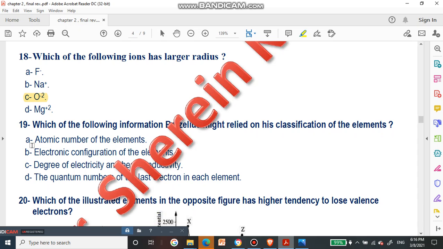Okay, let's go to question number 19. Which of the following information might Berzelius have relied on in his classification of elements?